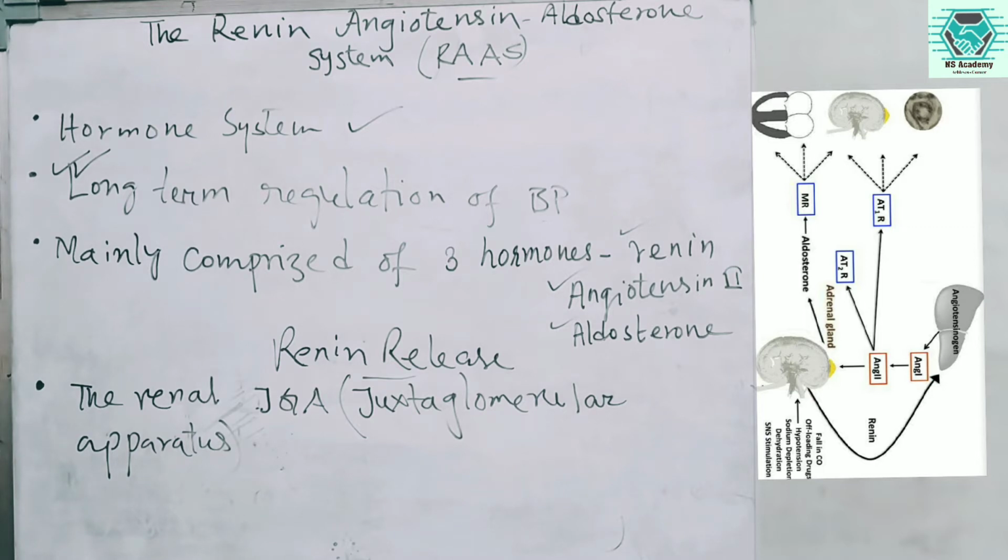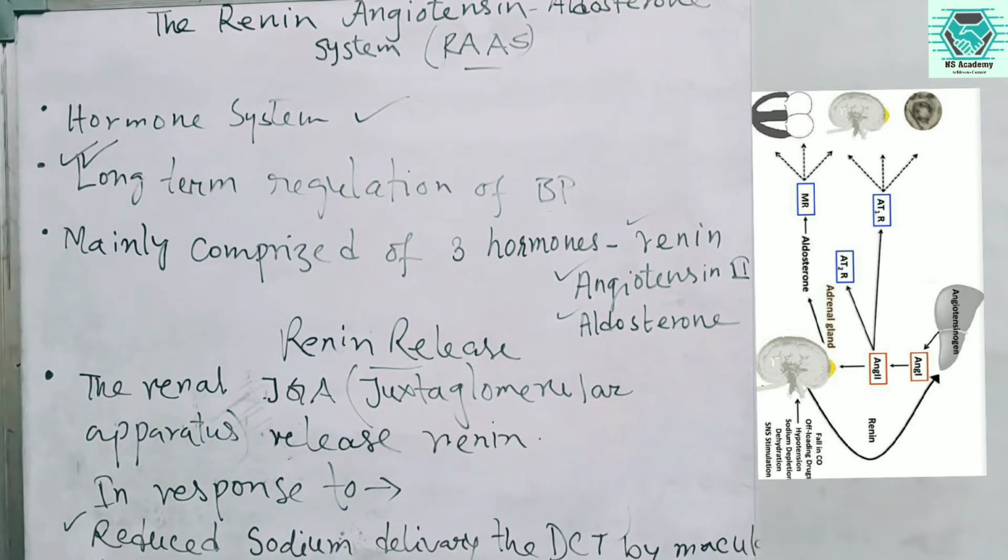So how and why is renin secreted? Basically the JG apparatus secretes renin in response to some factors. The factors are reduced sodium delivery to the distal convoluted tubule detected by the macula densa cells.